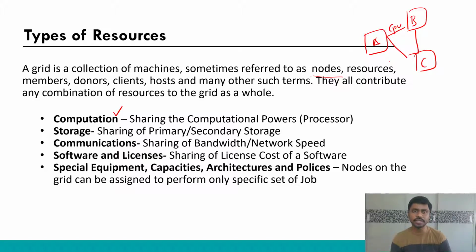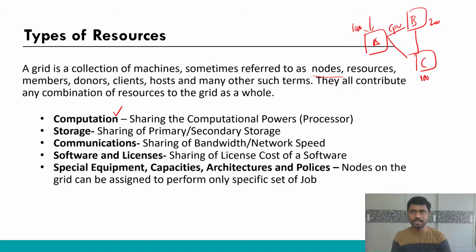And then communications, the third component that can be shared in grid computing, is the bandwidth. For example, server A has a network connectivity of 100 Mbps, B has 200 Mbps, and C has 100 Mbps.